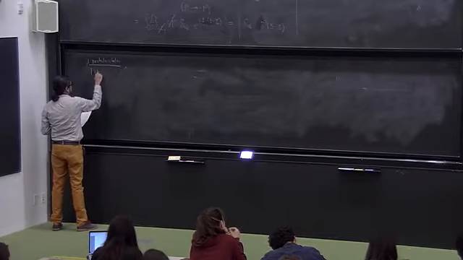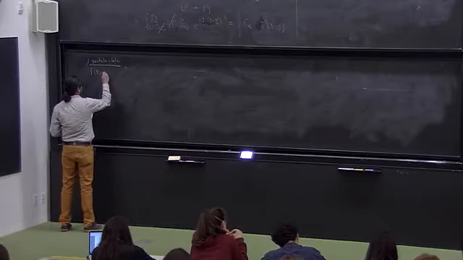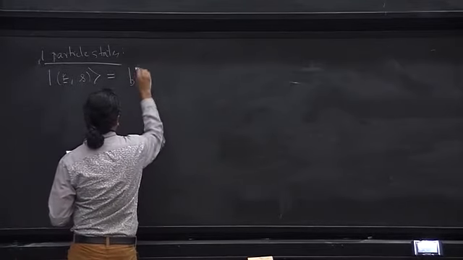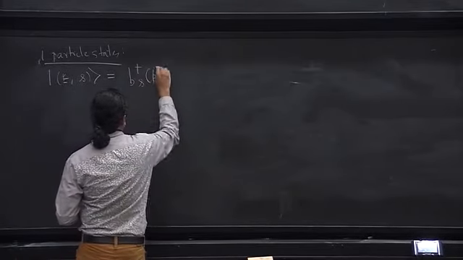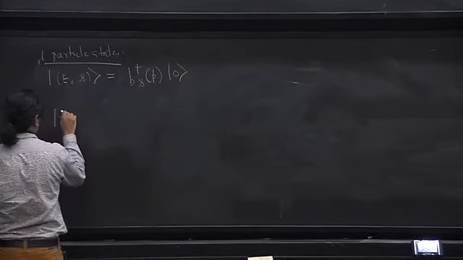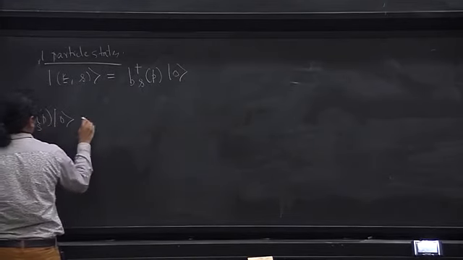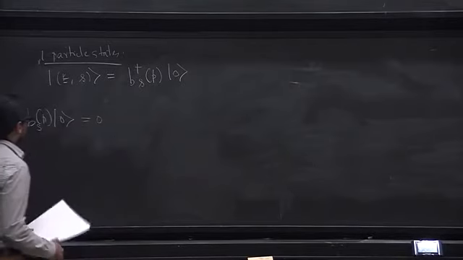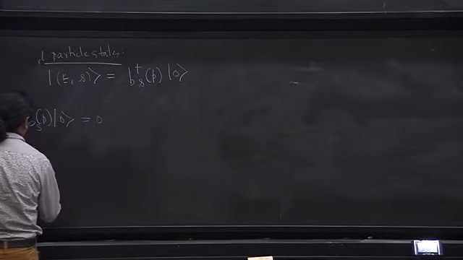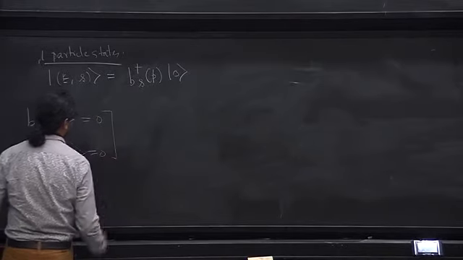Then a particle with 3-momentum k and spin s is given by, so we define the vacuum to be the state which is annihilated by all the B operators and annihilated by all the C operators. So that's how we define the vacuum.